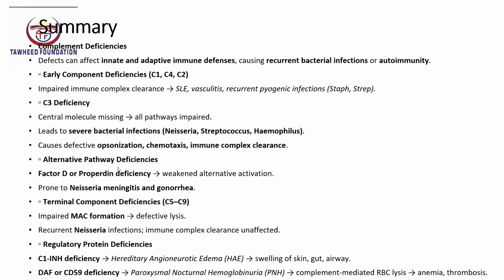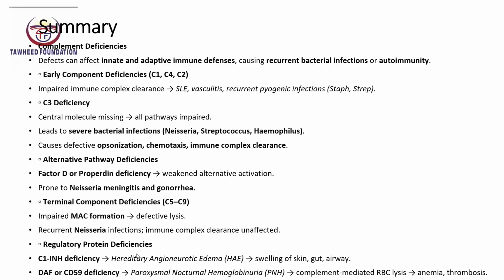Next is alternative pathway deficiency, factor D or properdin deficiency. It is weakened alternative activation. It is prone to Neisseria, meningitis, and gonorrhea. Terminal component deficiency includes C5 to C9. It shows impaired MAC formation, which will lead to defective lysis and recurrent Neisseria infection, with immune complex clearance unaffected.